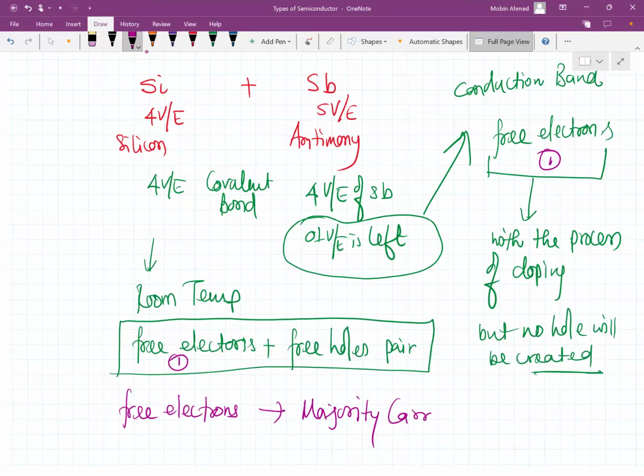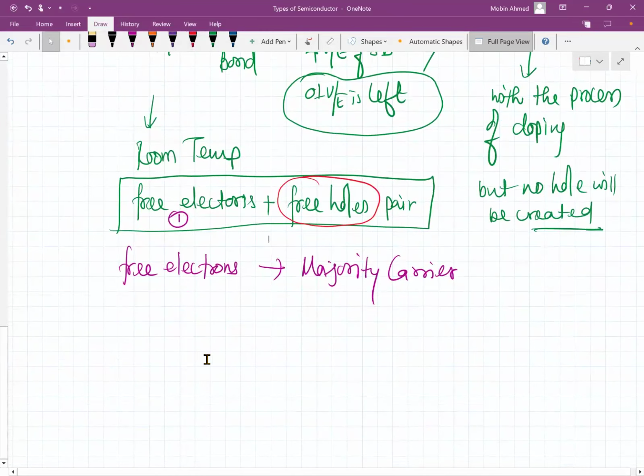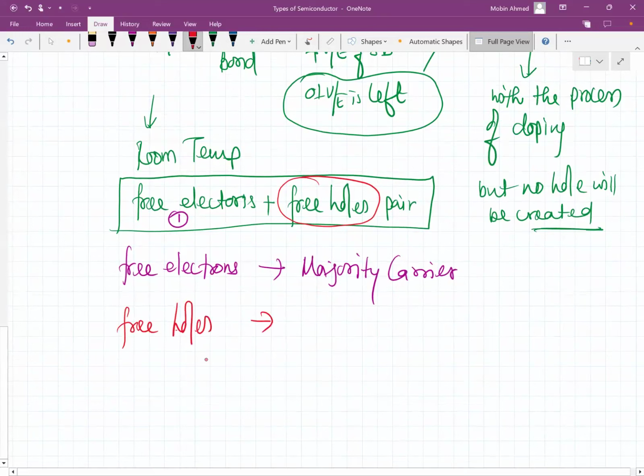Whereas only the free hole is there, due to the pair, that's it. That will be equal to the free electrons due to the room temperature. So these free holes will be known as the minority carrier.